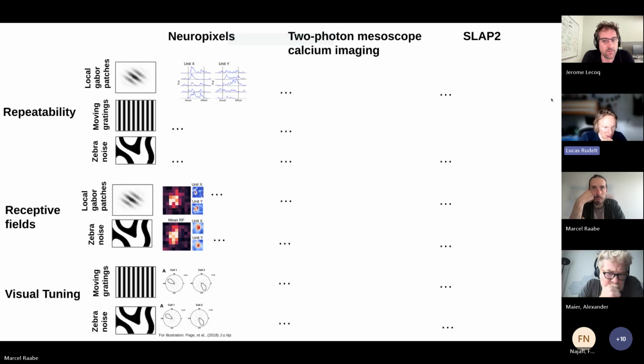Because so far, what we thought is that we might have essentially an averaged version. That's the one in the receptive fields row, the averaged one between the patches and zebra noise, and then we have example units.